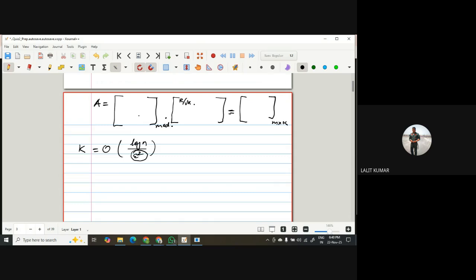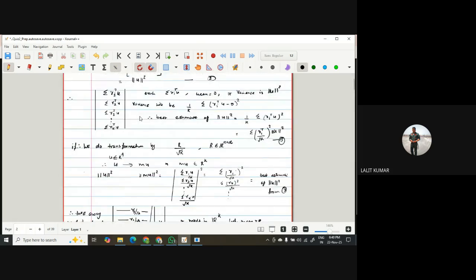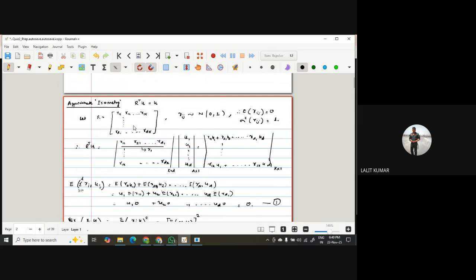Another point is that if we call this u and the result v, then expectation of v² is equal to u². Please remember this. That's how your distances are preserved. So that was the JL lemma.